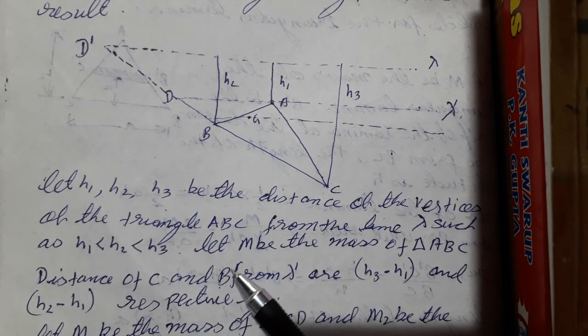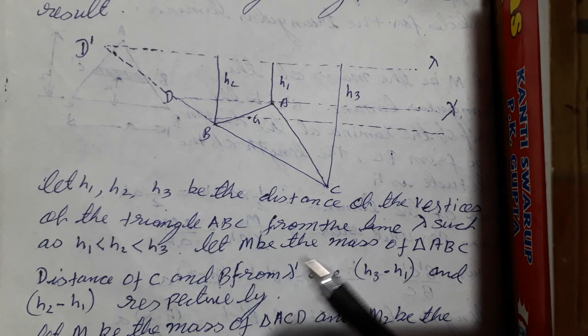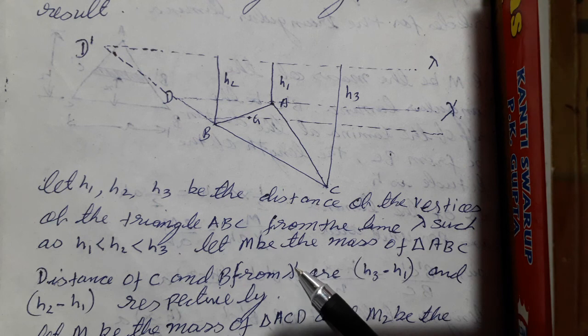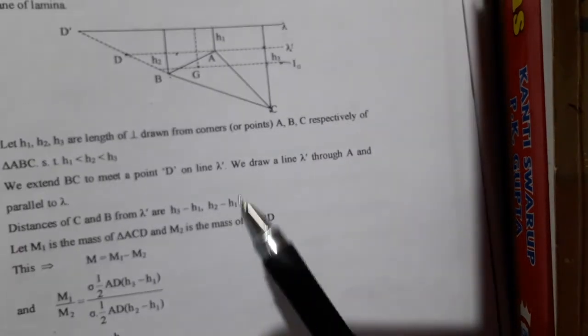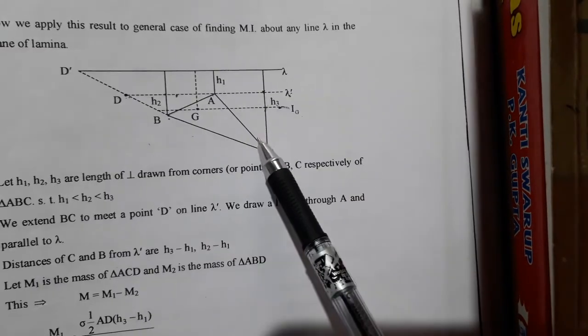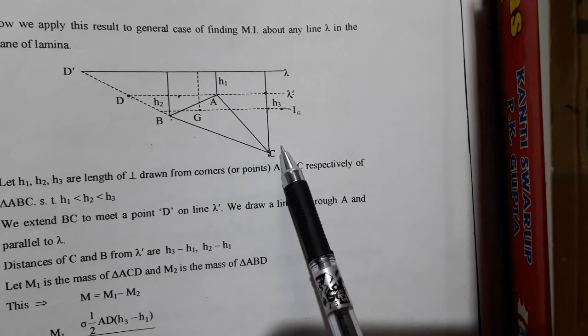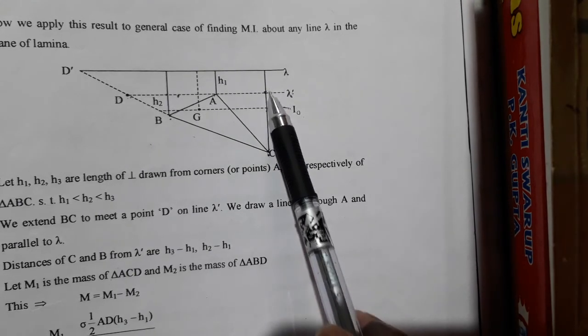Now let us find the distance of C and B from lambda dash. What will be the distance of C from lambda dash?